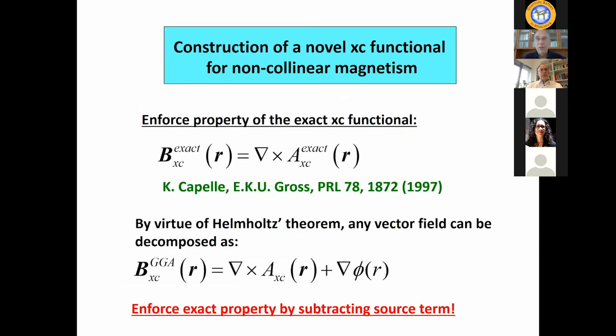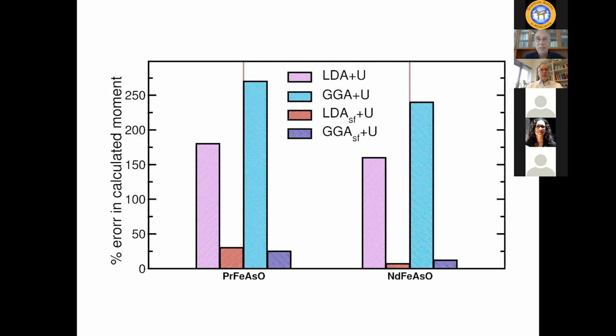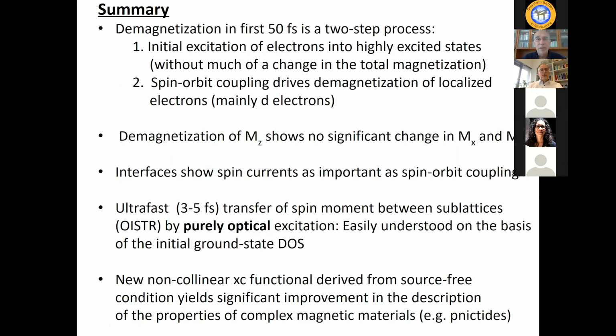Okay, so I will not talk about the functionals. This is a different topic. I just want to summarize here. So I showed you two effects: demagnetization within something like 50 femtoseconds, which is a spin-orbit driven and spin current effect. You don't change the components much of the non-collinear magnetization.